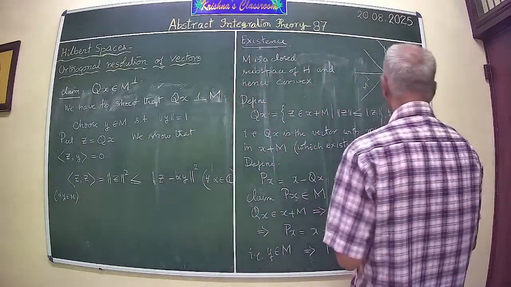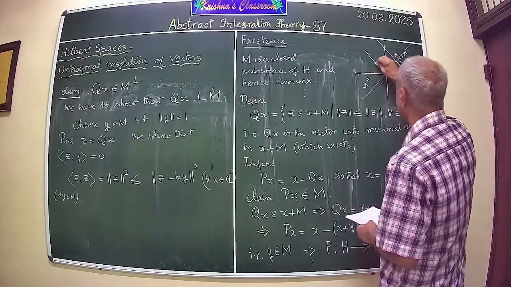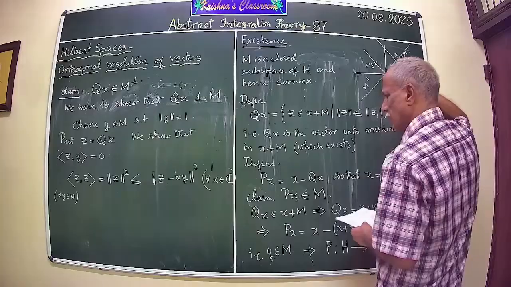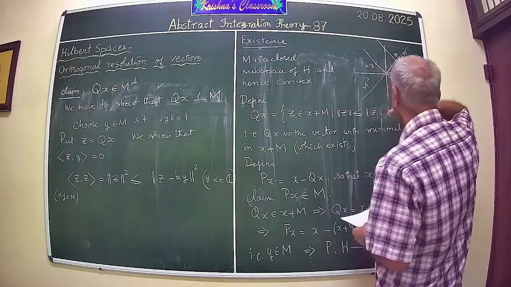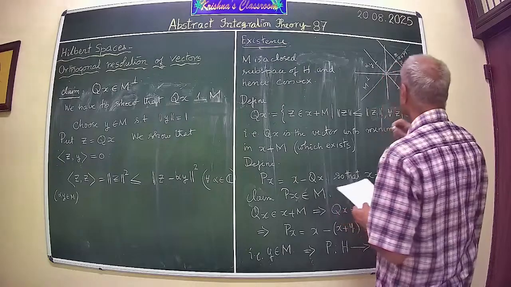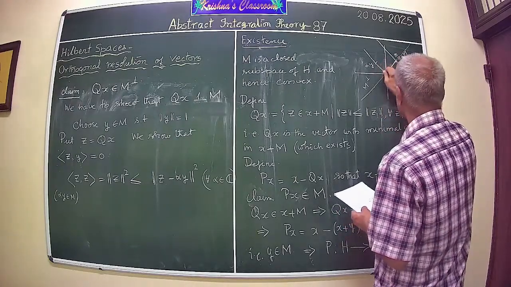Let us work it out. Yeah. Okay, let me do that. So alpha y, say this is alpha, or some alpha. Need not be here, it can be here also. Okay. What is z minus alpha y? This is your z. This is z minus alpha y.